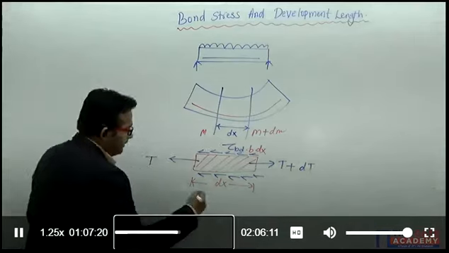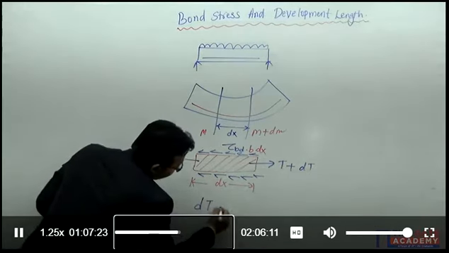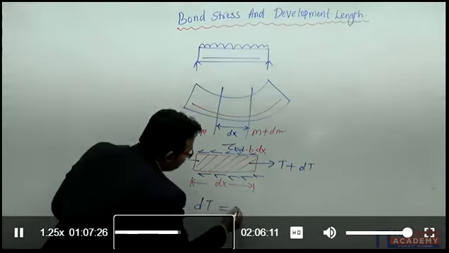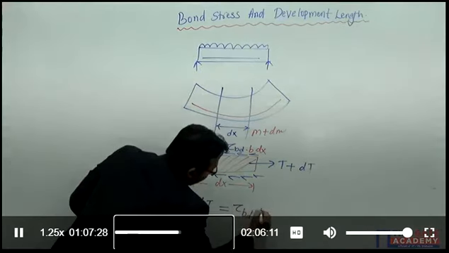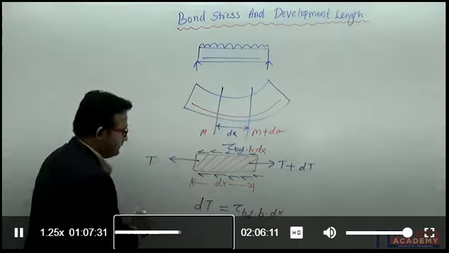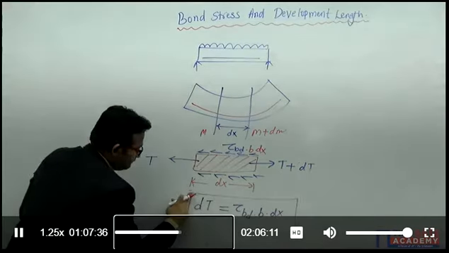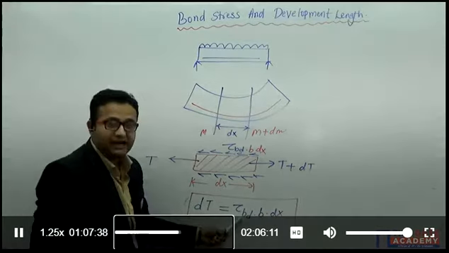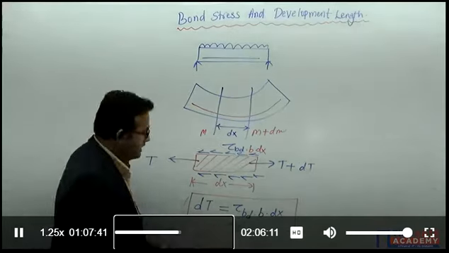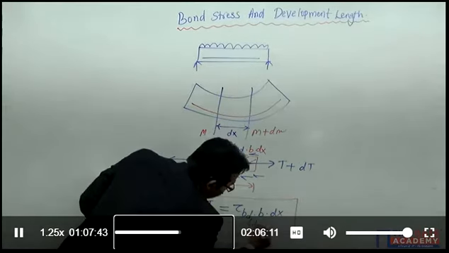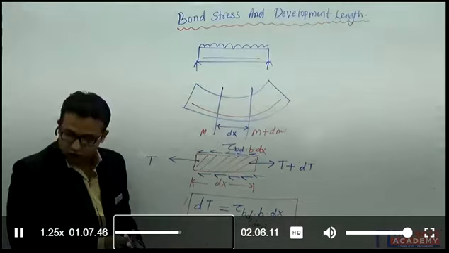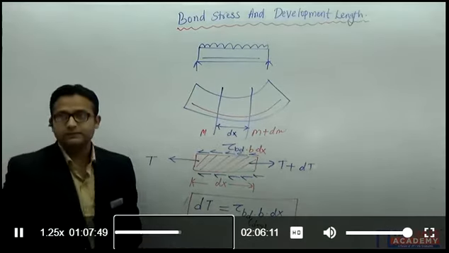So here I can write this imbalancing tensile force dT is equal to tau bd into b into dx. This is the imbalancing force. Here tau bd is your developed shear stress, right? So please note this down.